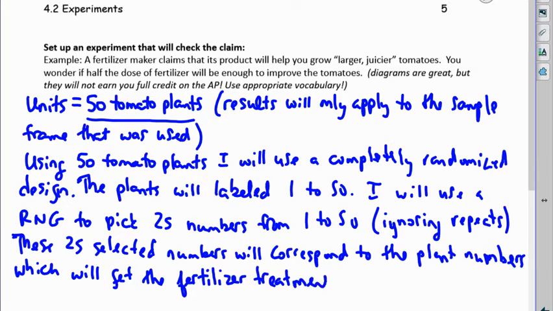You could always flip a coin and decide if that first group is going to get a fertilizer or no fertilizer.